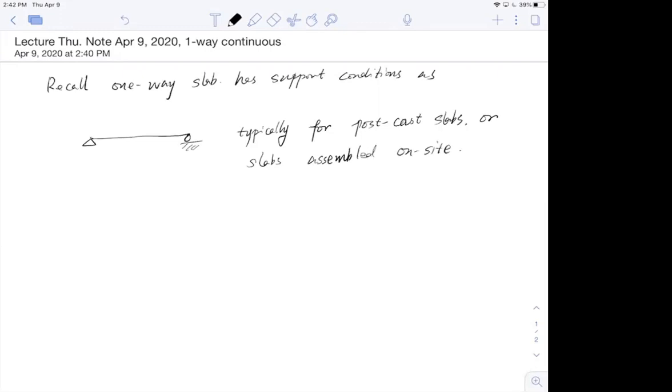So for monolithic or continuous construction, we often have continuous slab.